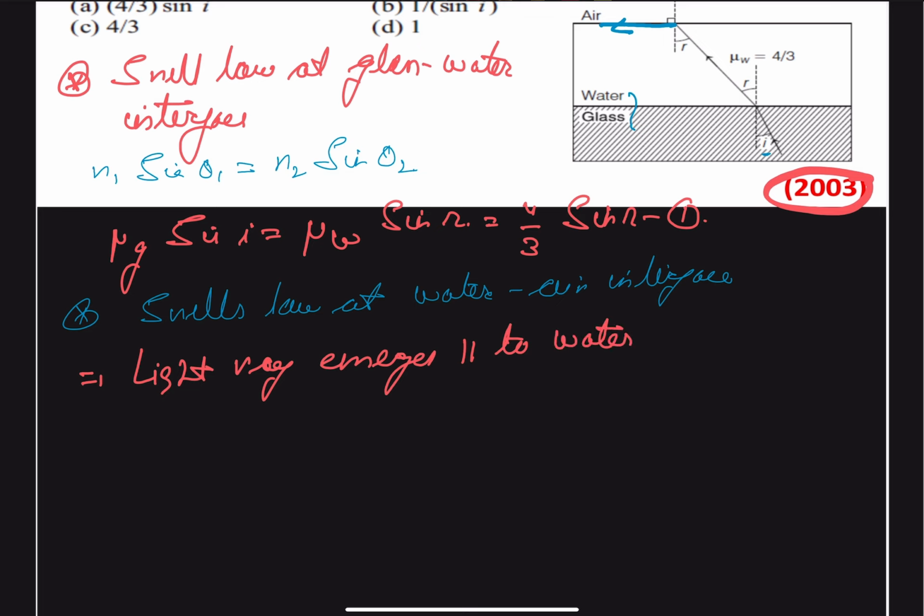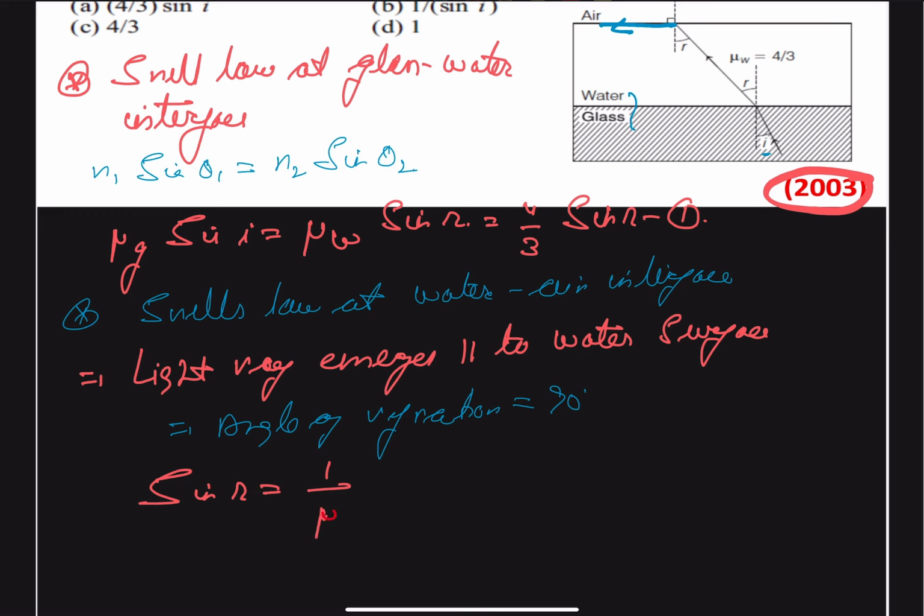So therefore, the angle of refraction will be equal to 90 degrees. So therefore, we can write that sine of r will be equal to 1 upon mu w. And mu w is given to us, so this comes as 3/4. Let's suppose this is equation number 2.